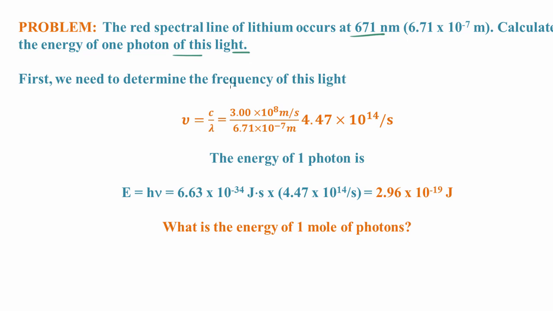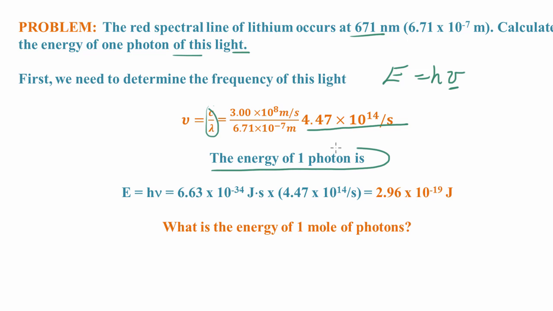In order to do that, we need to determine the frequency of the light, or we can just go ahead and plug this in for the frequency, which is fine, but I'm going to take this stepwise so you can see what I'm doing. So the frequency is 4.47 times 10 to the 14th hertz.